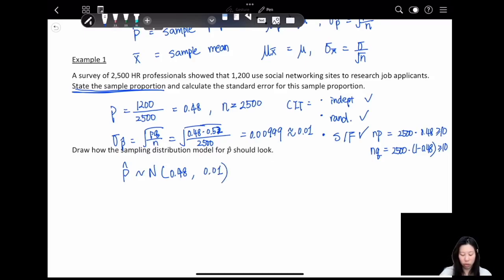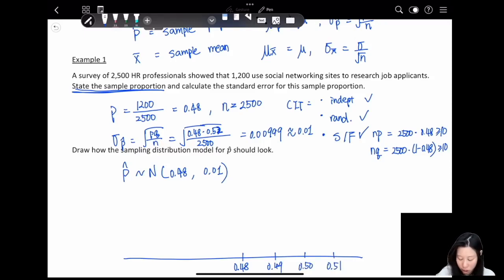When we draw it, the center is 0.48, and then one standard deviation up would be 0.49, two standard deviations 0.50, three standard deviations 0.51. Subtracting one standard deviation, we have 0.47, then 0.46, and then 0.45.